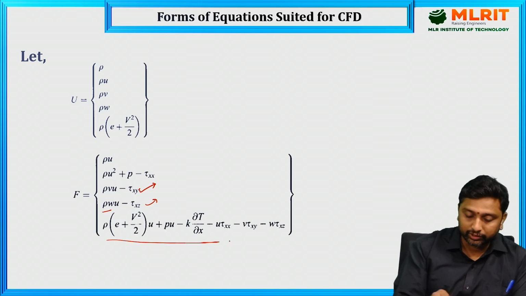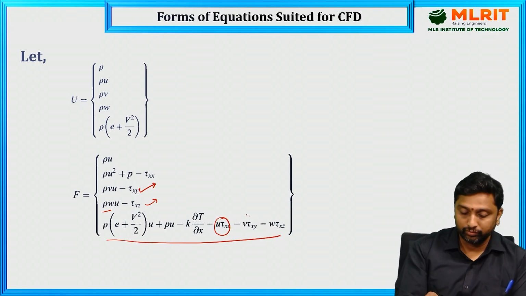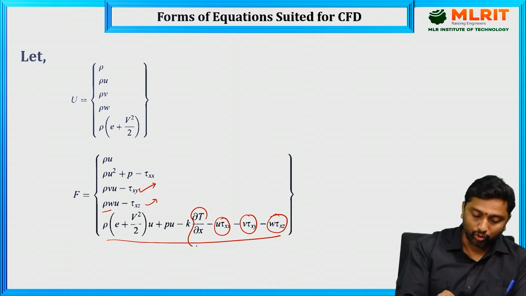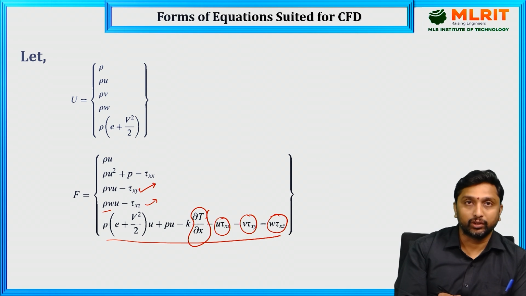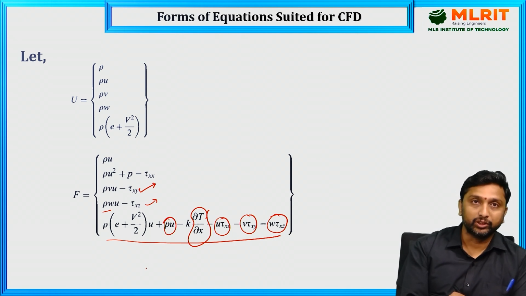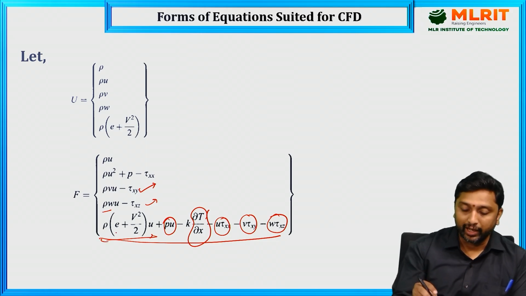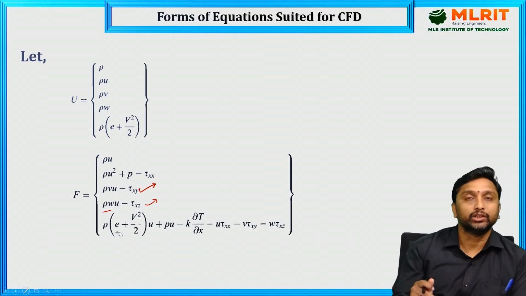Similarly the energy equation. In the energy equation you have u tau xx, v tau xy, w tau xz, and dou T by dou x is the heat transfer term, and p u is the pressure term, and rho e plus v square by 2 is the divergence term on the left hand side from the energy equation.